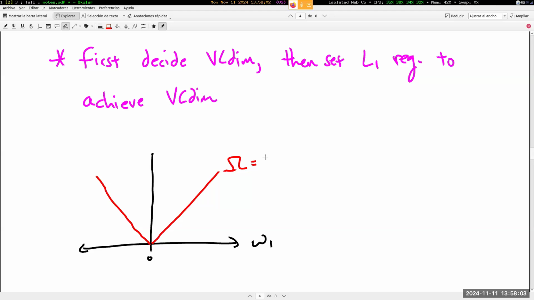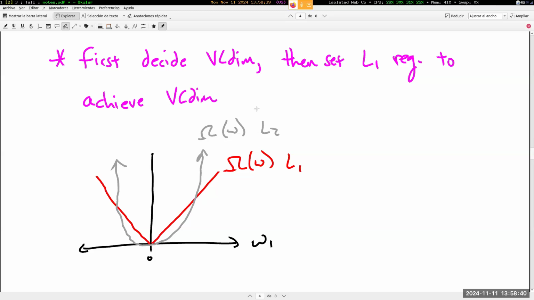That's the omega of W for L1, a V shape. And that's the omega of W for L2. And so it's a rounder shape. It's supposed to be a parabola right here. It has a rounder shape, easier to optimize.